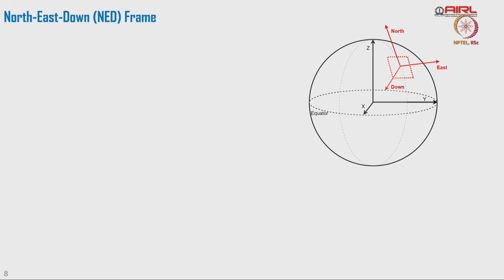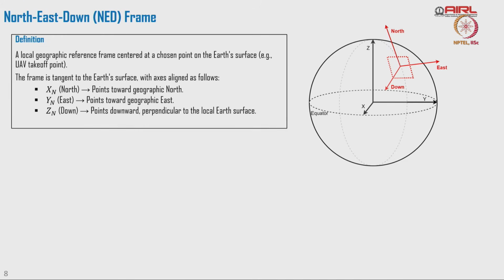Now the north, east, down frame, the NED coordinate system. Again, if I am trying to define my x, y, z, I am talking about a geographical frame of reference centered at a chosen point on the surface of the earth. Again, I am talking about a smaller region here. Let me define my x.